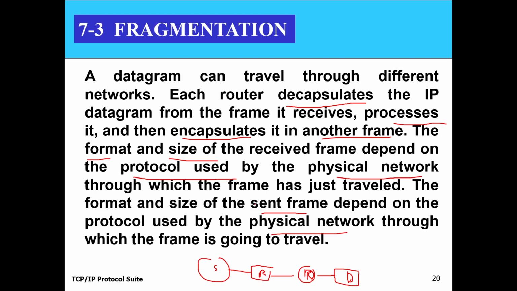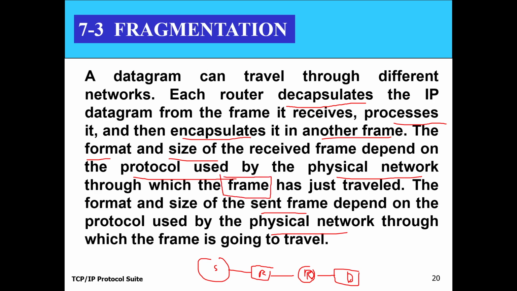That means, depending on the protocol used in the layer, we will know what is the minimum size and what is the maximum size for what? Help me out. Minimum size and for what?